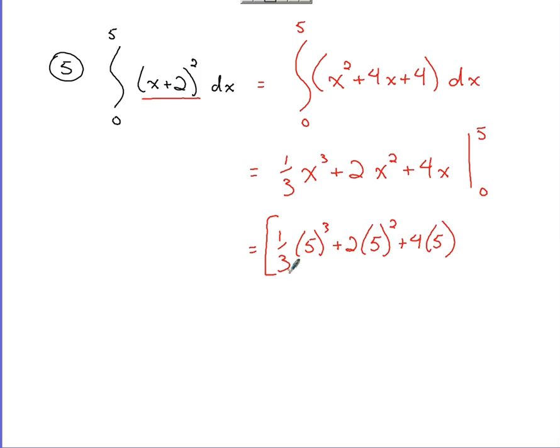We get whatever that value is, and then we subtract whatever we get when we take 0, where this interval starts, and plug in for x. Now obviously when I plug in 0 here, I've got x's in all the terms, so we're just going to be subtracting 0. As long as I can calculate out this portion, we could say round off to 3 decimal places, got my answer.